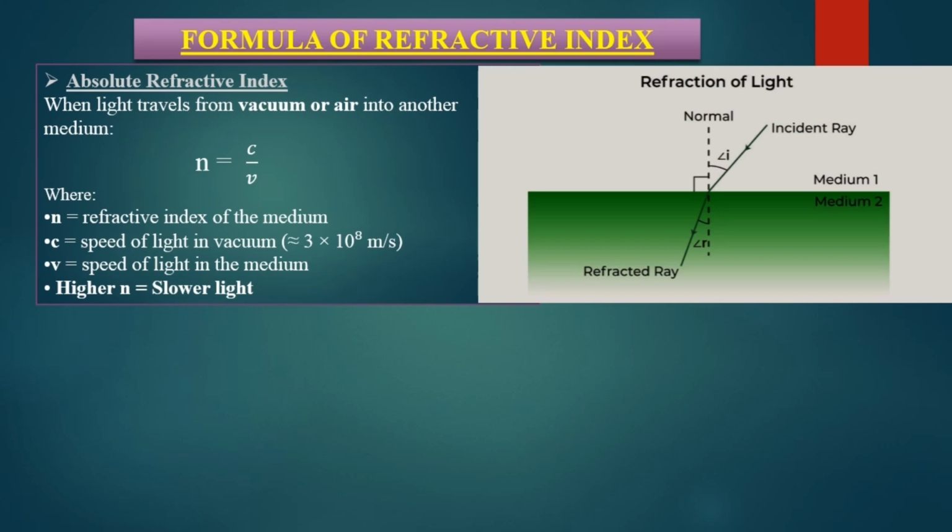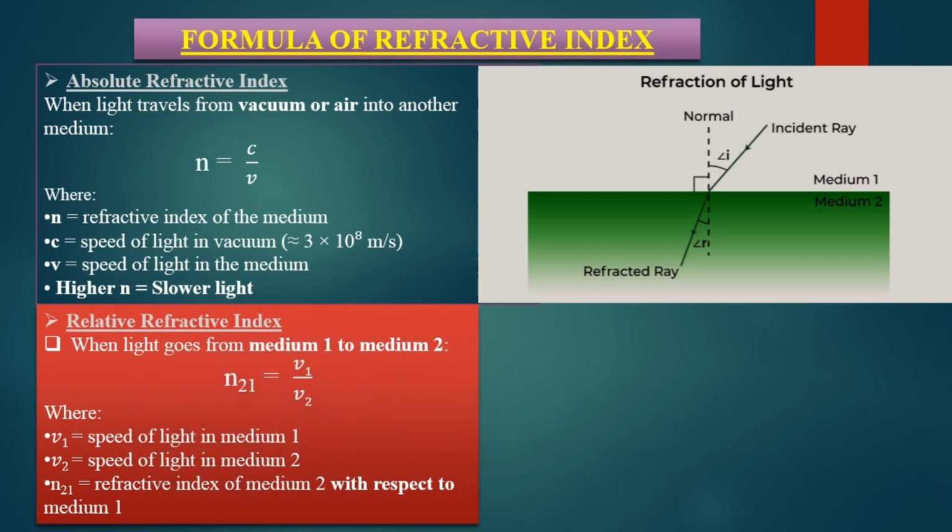Next one is relative refractive index. This is used when light travels from one medium to another. When light travels from medium 1 to medium 2, n21 = v1 / v2, where v1 is the speed of light in medium 1 and v2 is the speed of light in medium 2. n21 is the refractive index of medium 2 with respect to medium 1.